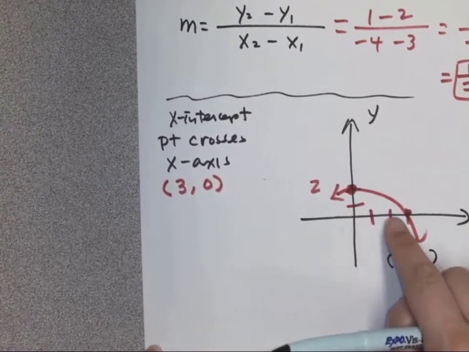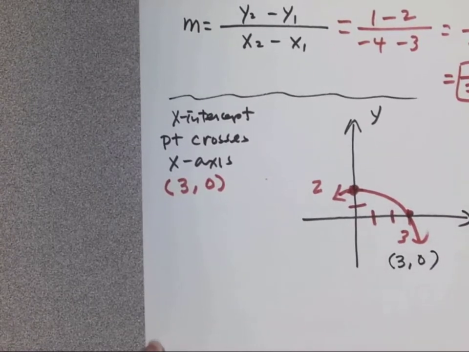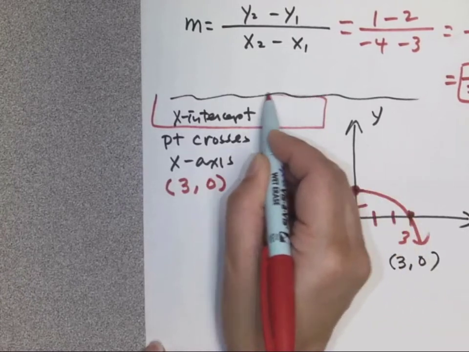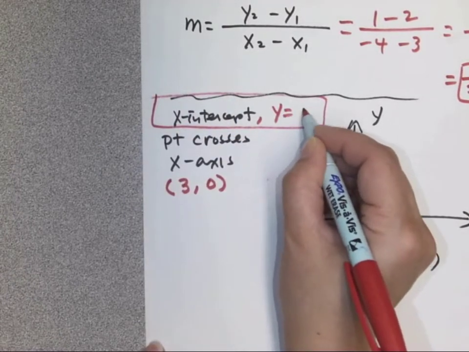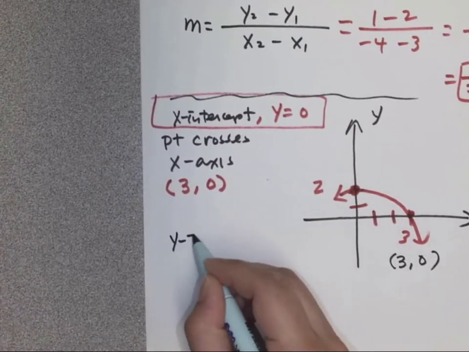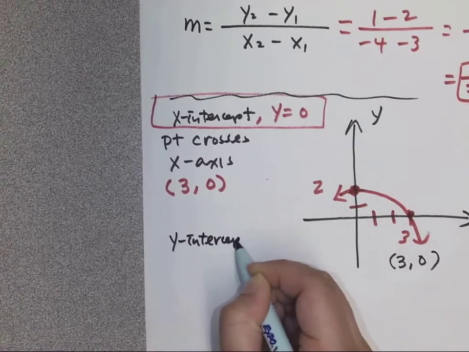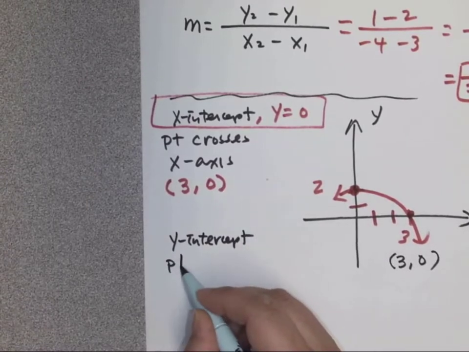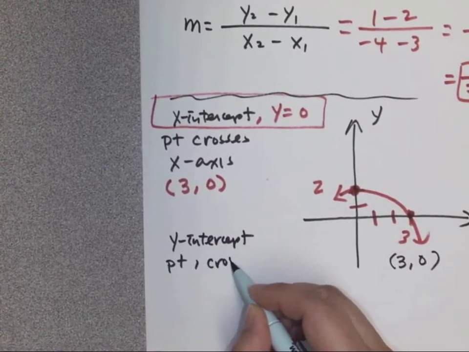As you can see, for all x-intercepts, what I want you to remember is that y always equals 0. X-intercept, y equals 0. Okay, for the y-intercept, which axis is it going to cross? It crosses the y-axis.